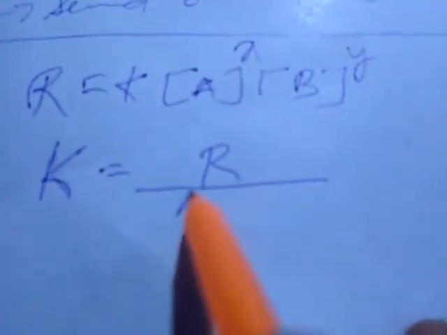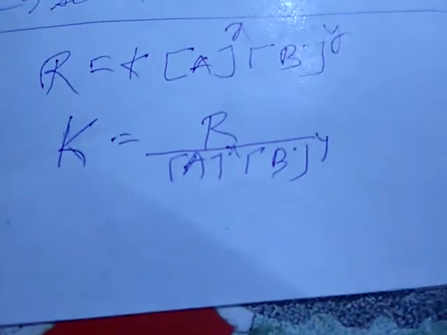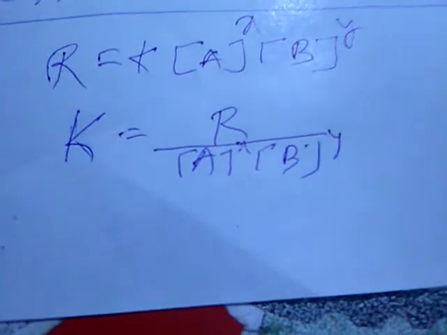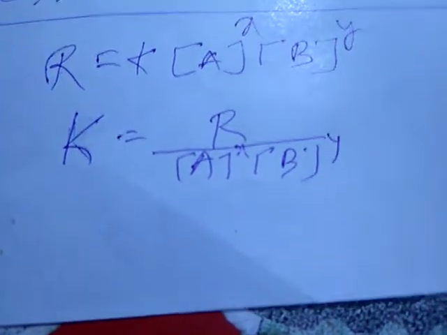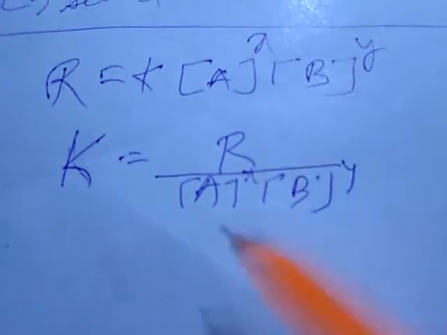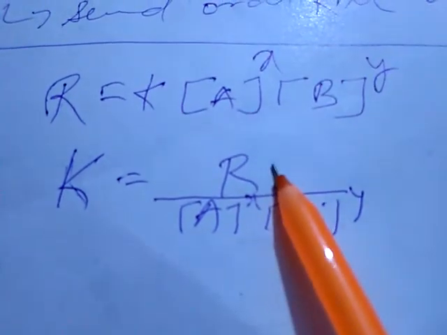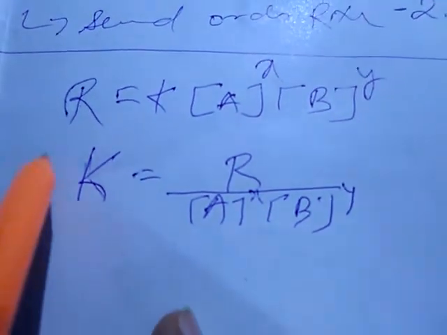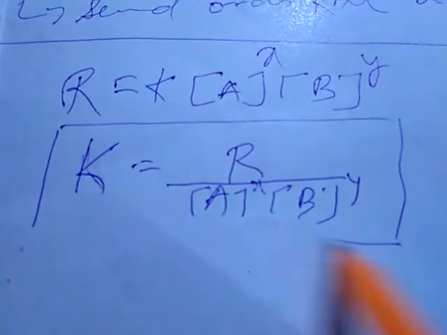So K is equal to R divided by the product of concentration of A and B raised to powers x and y. In this expression, the value of K is obtained by dividing the rate of the reaction by the concentration of the reactants. This is the expression to calculate the rate constant.